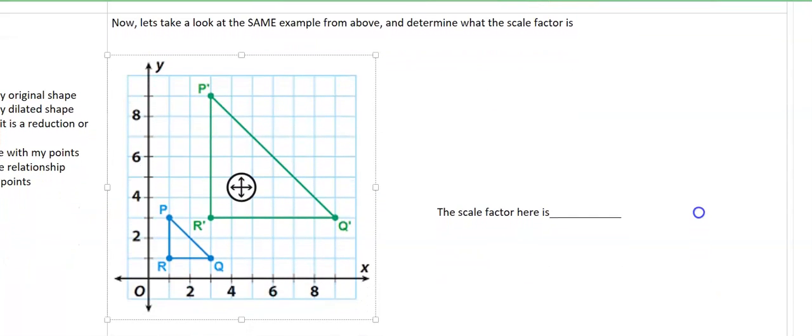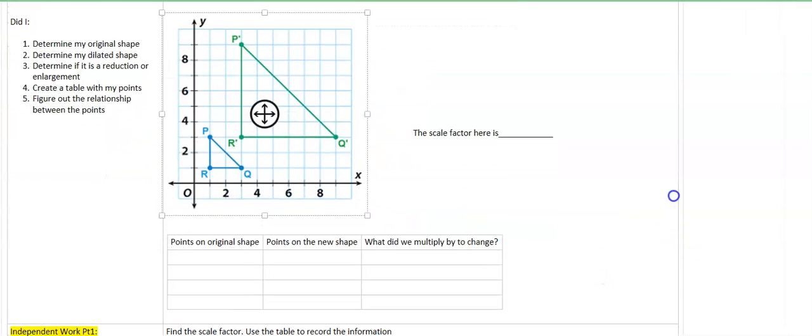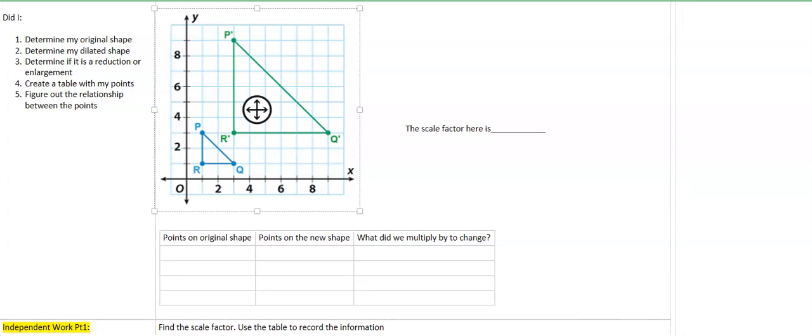So if I look at the same example from earlier, I need to determine the scale factor. So I want to start by determining which one is my original shape, which would be this blue one right here. And I'm going to record my information into this table.